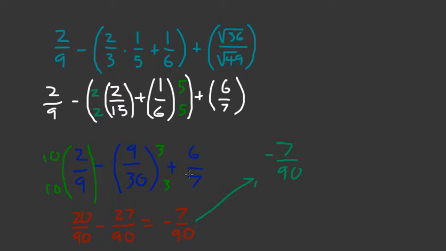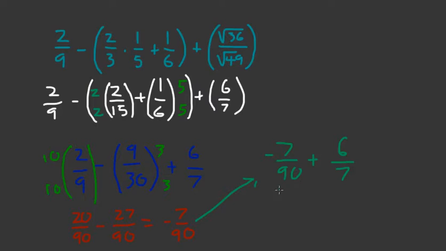And then we still have this that we need to take care of. So let's put that over there and add those together. We're going to have 6 over 7. So negative 7 over 90 plus 6/7. In order to add those together, we need to find the least common denominator. And in this case, the easiest way to find it is just to multiply these straight across.